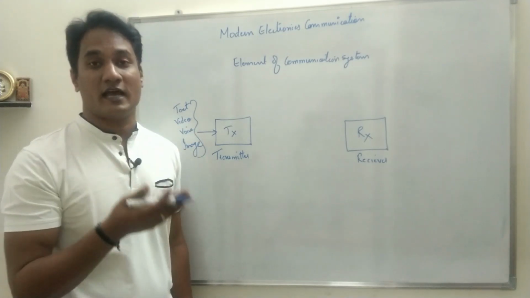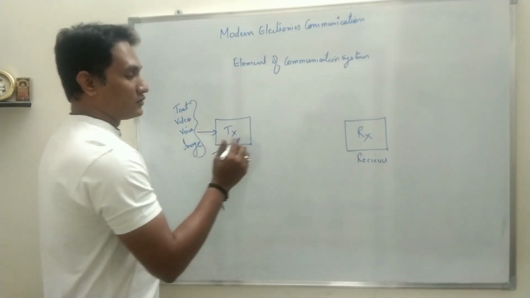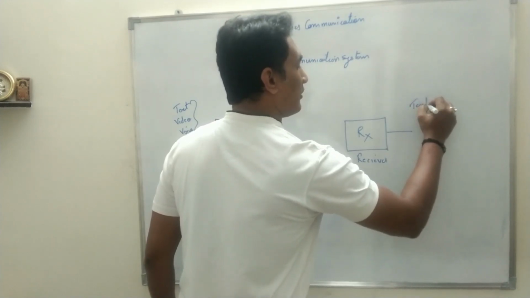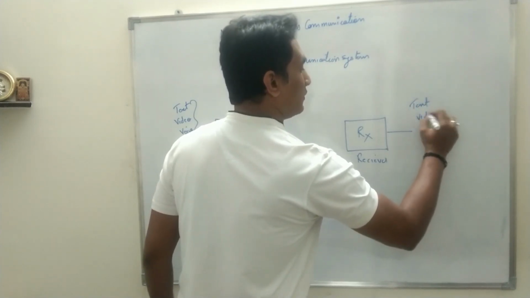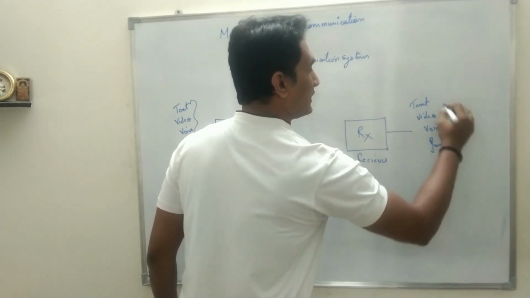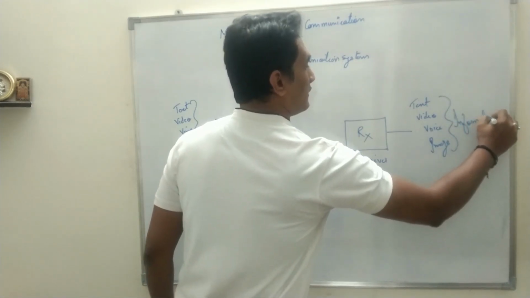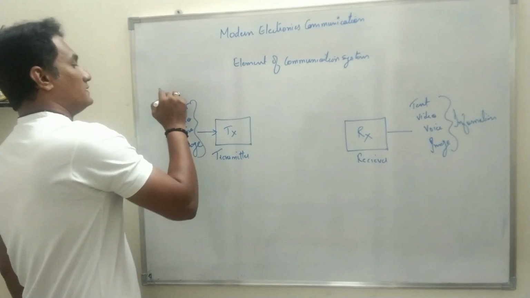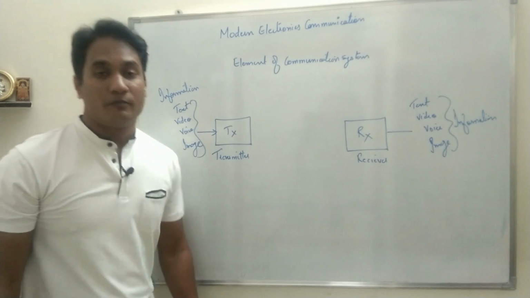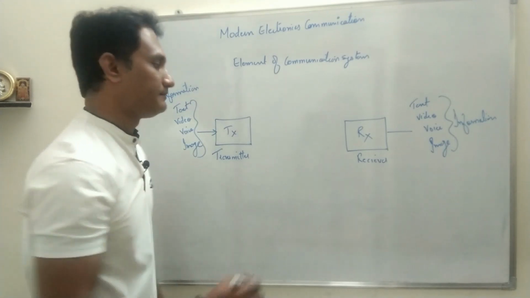This information has to be transferred from one point to another, and of course it should be retrieved back in the same form: text, video, voice, or an image. So this is your information.